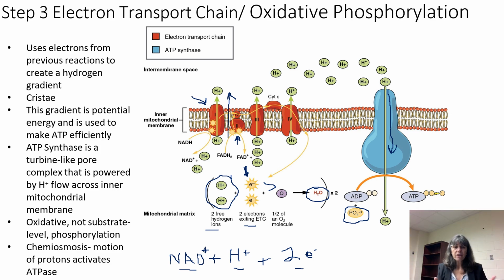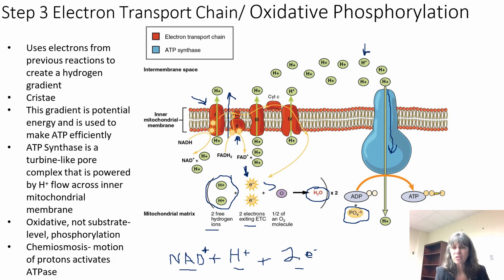Now, you see the term chemiosmosis at the bottom of this slide, and that's basically the motion of the protons. Remember, the hydrogen ions are sometimes referred to as protons.